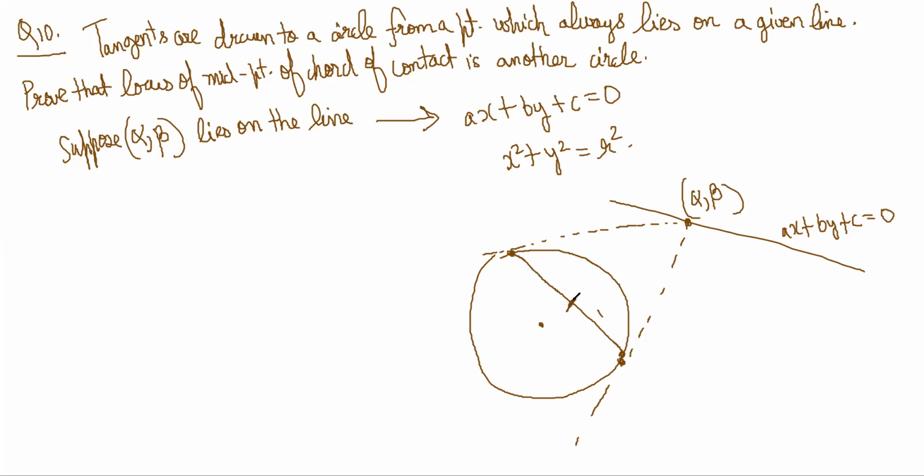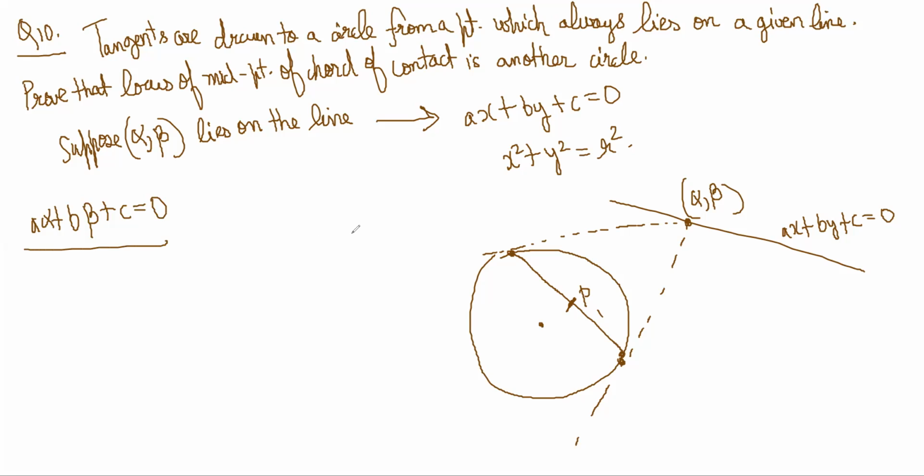We can assume the line to be ax plus by plus c. Alpha comma beta is basically a point on the straight line ax plus by plus c. So we can write it as a alpha plus b beta plus c is equal to 0.